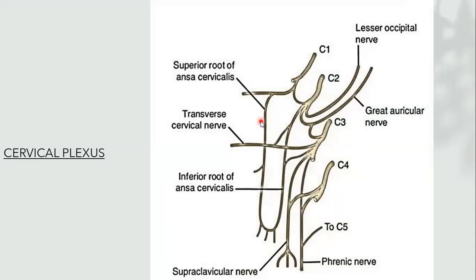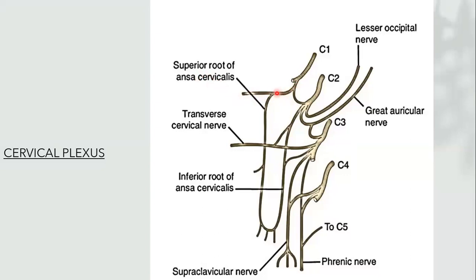so this is the cervical plexus. You can see it is formed by the ventral rami of the first four cervical spinal nerves, C1, C2, C3, C4. So here you can see the C1 fibers giving the superior root of the ansa cervicalis.